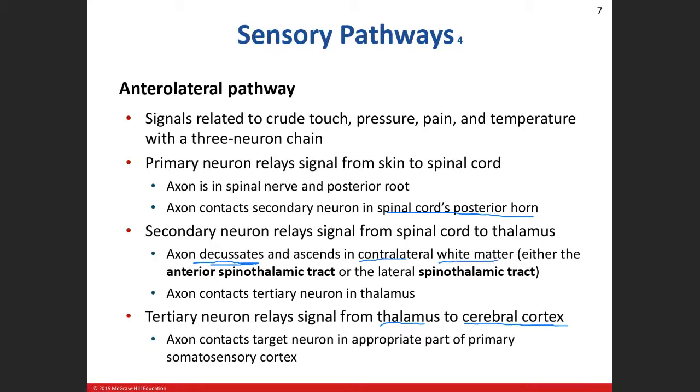Remember, white matter is myelinated axons. And it has a choice: it's either going to travel in the anterior spinothalamic tract or in the lateral spinothalamic tract. Then those will travel up to the thalamus and synapse onto the tertiary neurons in the thalamus and then head towards the primary somatosensory cortex.